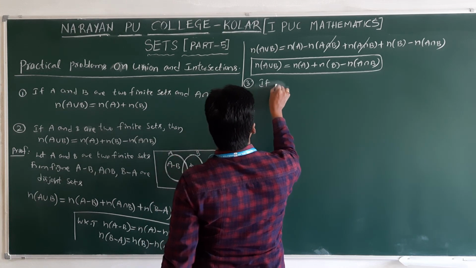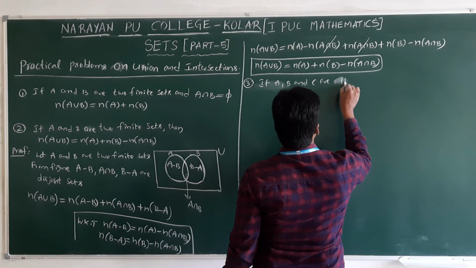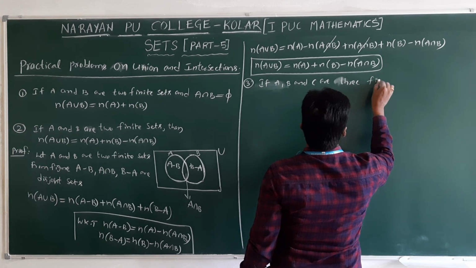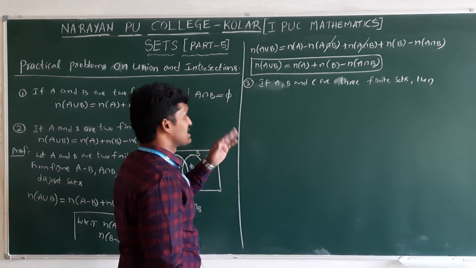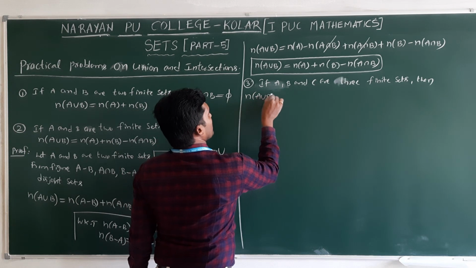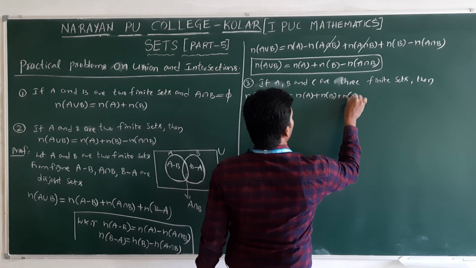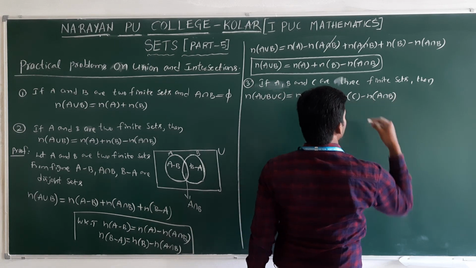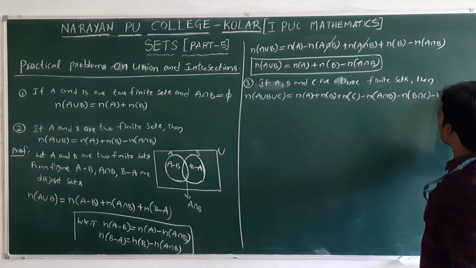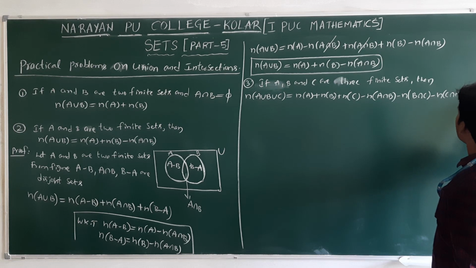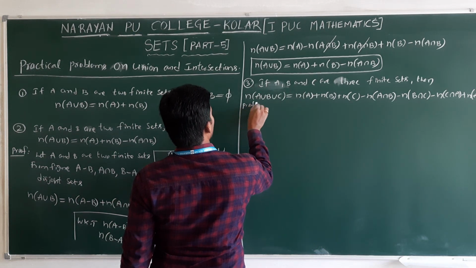For example, if A, B and C are three finite sets, then how do we find the union operation between these three? n of A union B union C equals n of A plus n of B plus n of C minus n of A intersection B minus n of B intersection C minus n of C intersection A plus n of A intersection B intersection C. Now this is the formula.